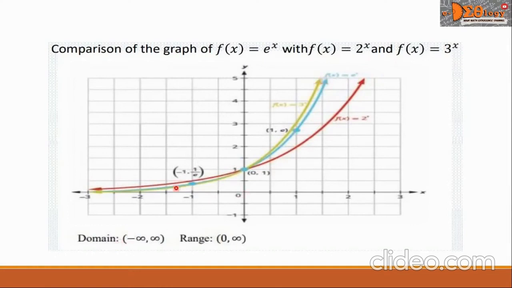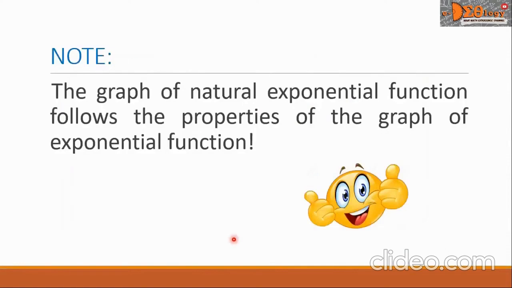Take note that all these graphs have domain negative infinity, positive infinity, and the range is open parenthesis 0, infinity. Take note, the graph of the natural exponential function follows the properties of the graph of an exponential function.